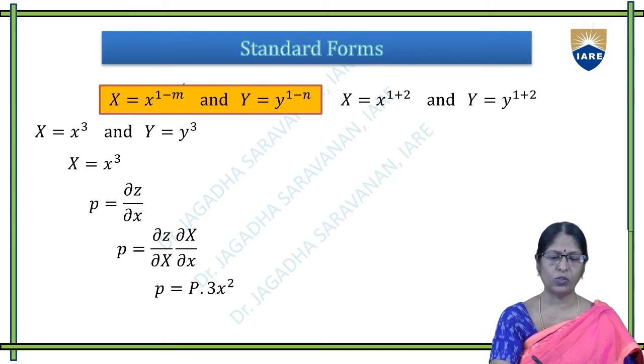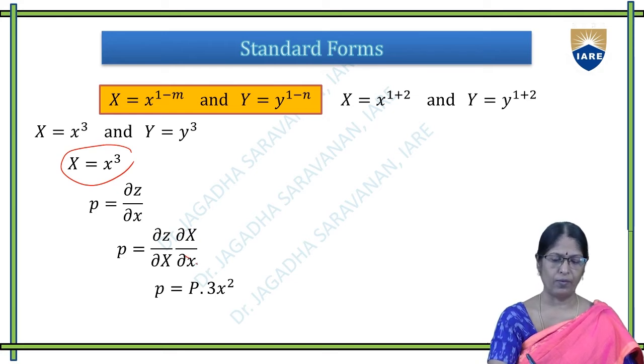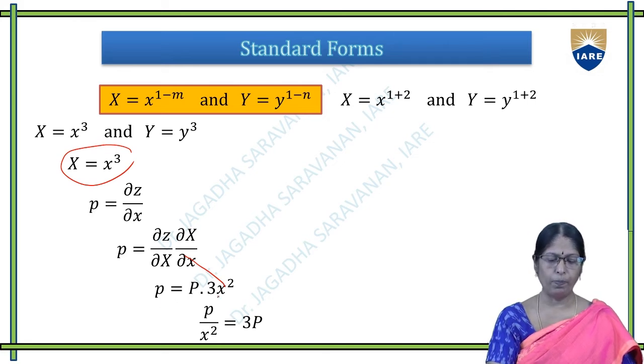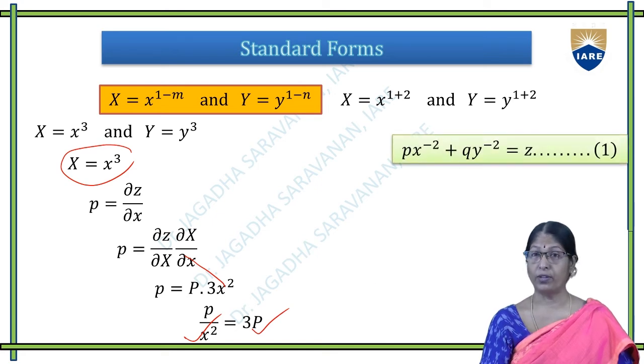This capital X we obtained is capital X equal to x cube. That is the capital X, the differentiation we are going to do, that is 3x square. So now small p divided by x square is equal to 3 capital P. Why such a format did we stop at? We keep the 3 from the previous step on the right side.